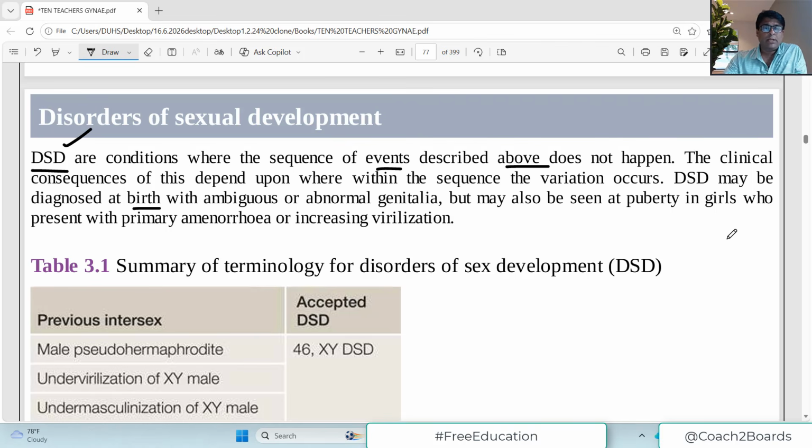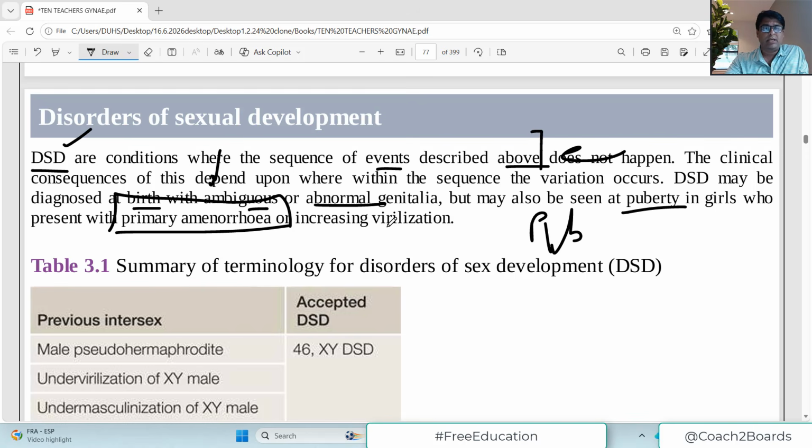And at birth particularly, there can be ambiguous or abnormal genitalia, which are indicative of DSDs, sexual development disorders, but it can also be seen at puberty in girls who present with primary amenorrhea. So if there is a female presenting to you with primary amenorrhea, this is where you start suspecting that there may be a sexual development disorder. यानी जिस एज पर puberty होनी थी वहाँ puberty नहीं होगी, थीलार्की नहीं दिखेगी, एड्रिनार्की नहीं दिखेगी, menses नहीं होंगे, and this is how you come to know कि puberty पर वो सारे signs और puberty के जो characteristic हैं, secondary sexual characteristics, they are all missing.